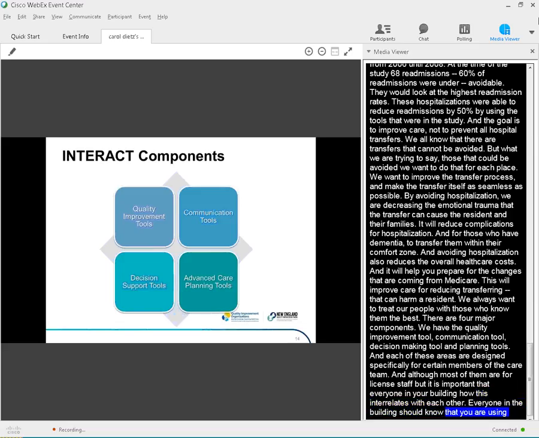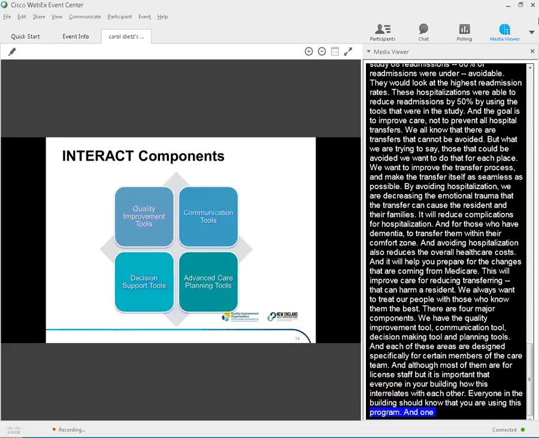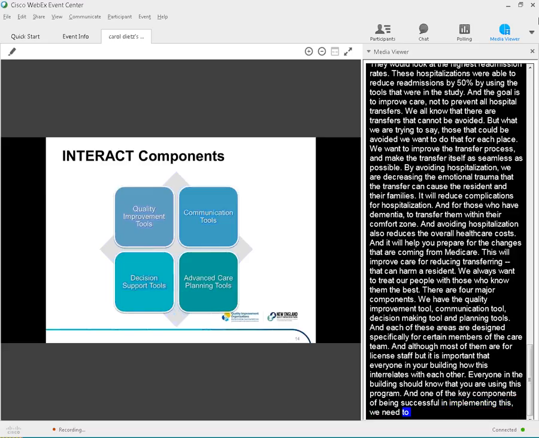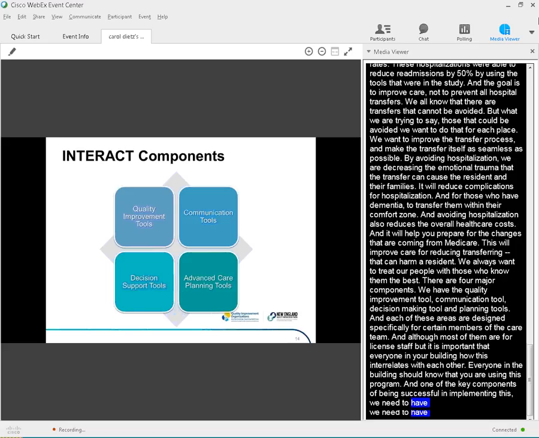One of the key components of being successful in implementing Interact is that we need you to have administrative buy-in. Not only the administrators in your building, but your medical staff. So it doesn't really work that well if only the people in your building understand that you're using Interact.